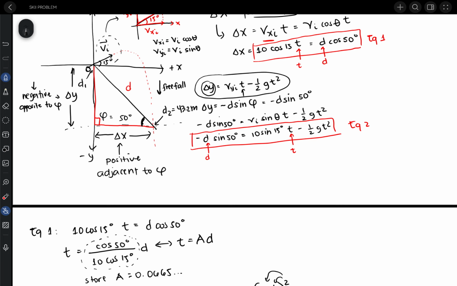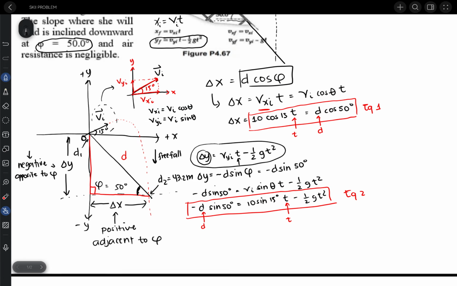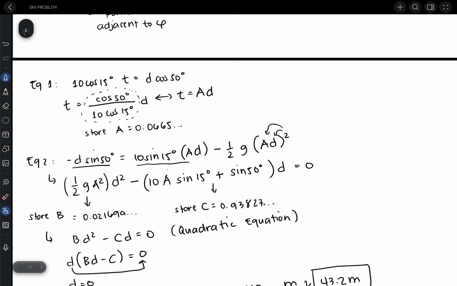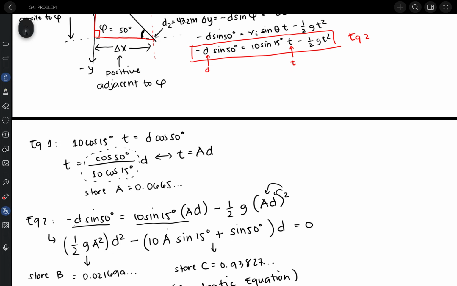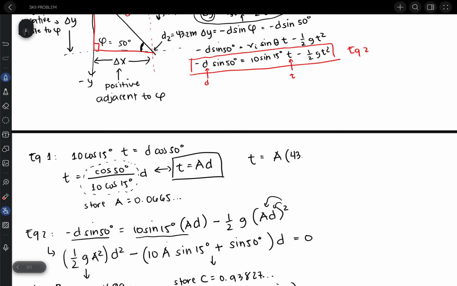And now we have the distance at which the skier lands on the platform as 43.2 meters. So we can now go back to our first equation. We know that t is equal to AD, and now we have the value for D. And we can solve the time at which this happens. So that's just A times 43.2 meters.